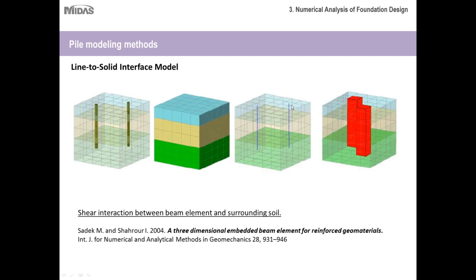Whereas in order to capture the soil-pile interaction, we have an interface that comes along with this pile member. So this interface is also known as shear interaction between the beam element and the surrounding soil, and you can read more about this approach in the following mentioned paper.